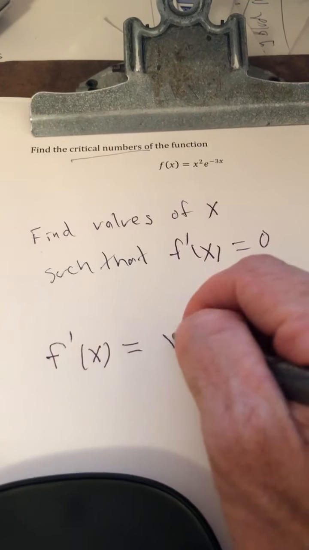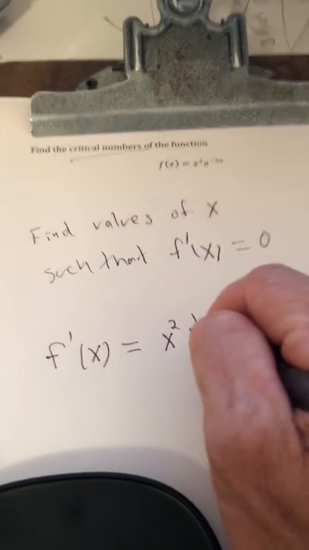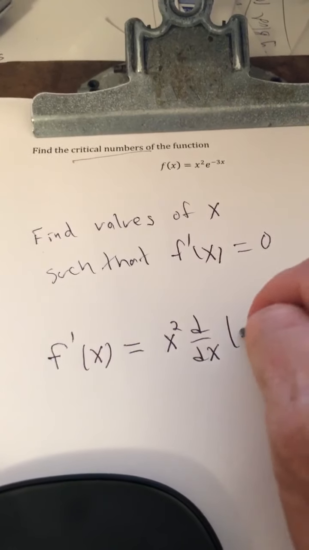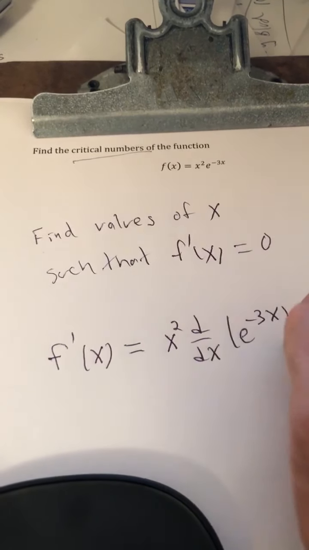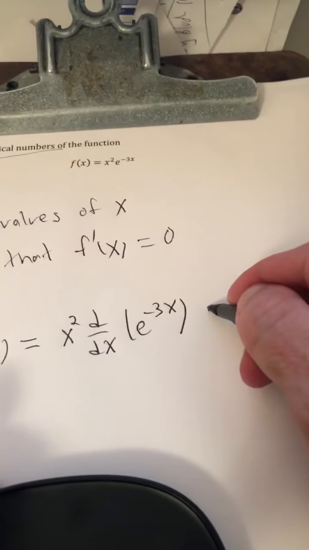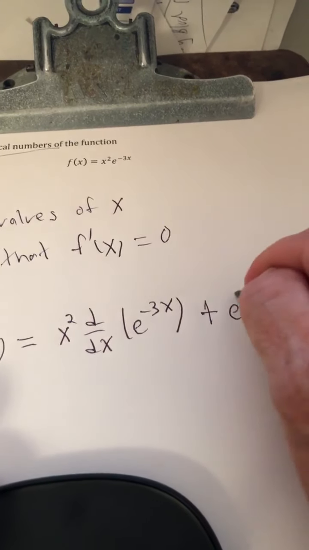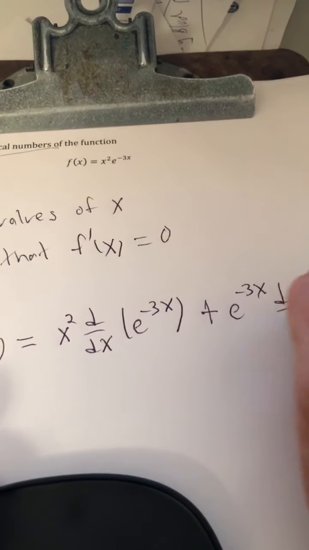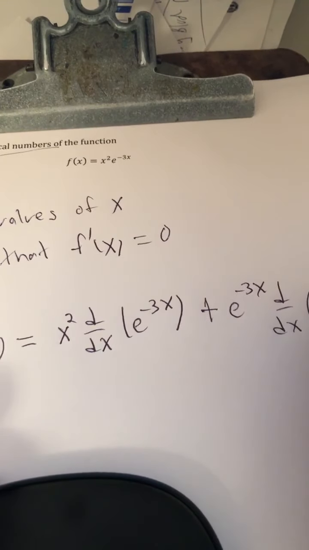So we have x squared times the derivative of e to the negative 3x plus e to the negative 3x times the derivative of x squared.